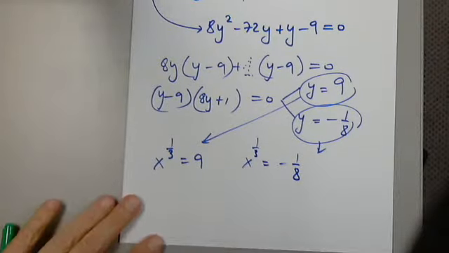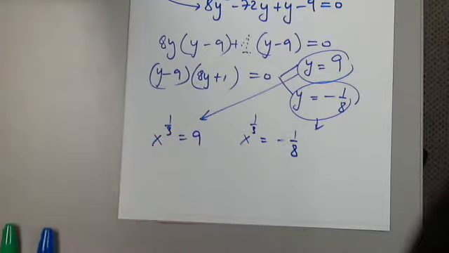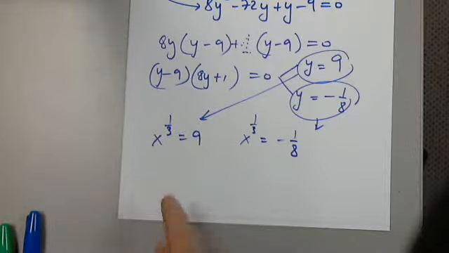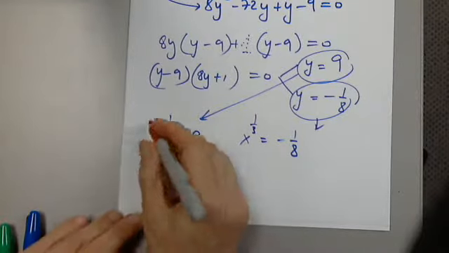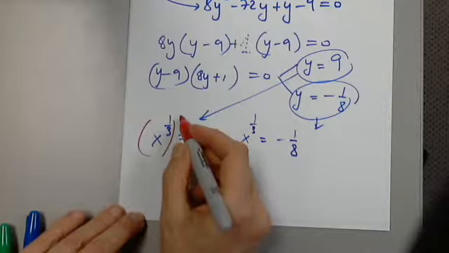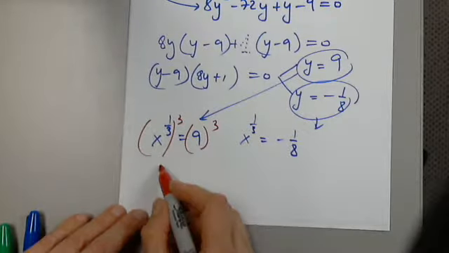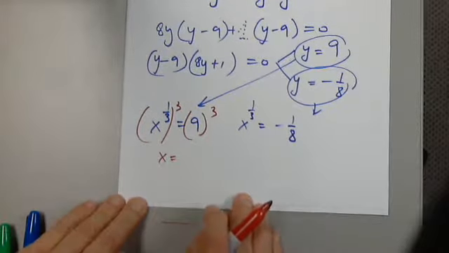Now I have to figure out what to do. And this is much easier than the original equation, in which I had two quantities with rational exponents. So what do I do here? I have to raise. I cannot multiply. I have to raise both sides to, very good. So x equals 9 cubed.